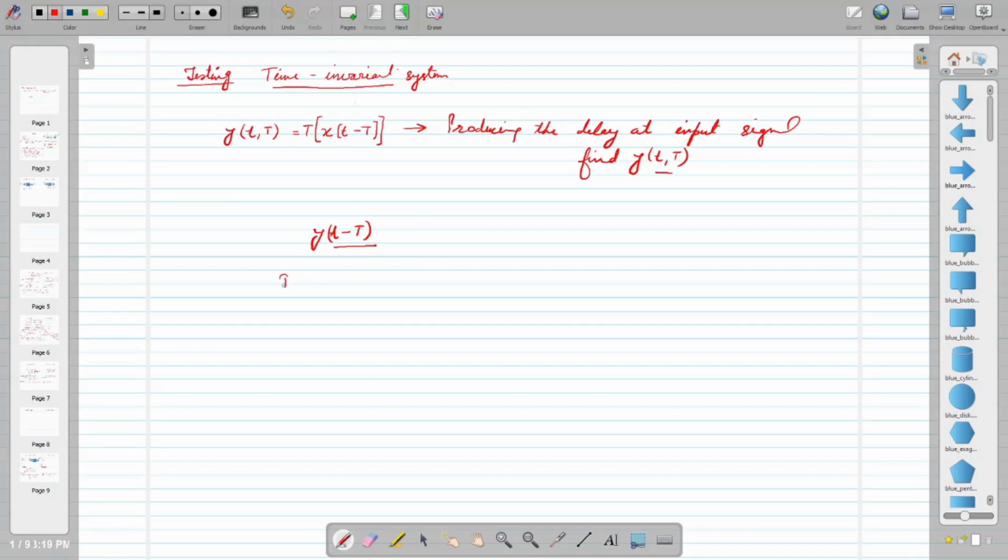If y(t, T), which we got by producing the delay at the input side, is equal to y(t - T) for any value of t, then the system is called time invariant.